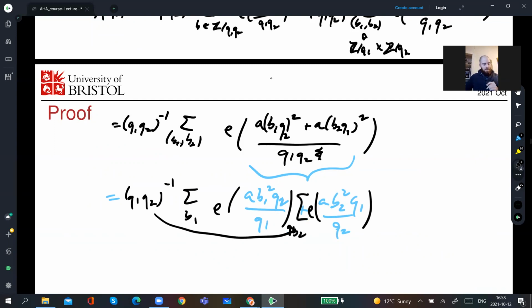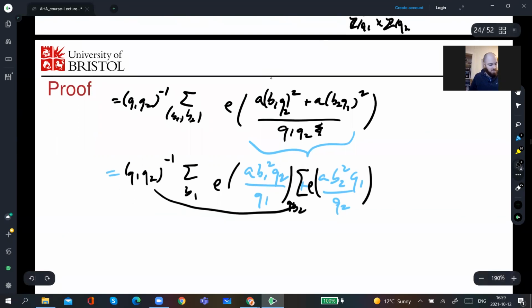Now, Q2 is coprime to Q1 and conversely, because this is a symmetric relation. And A is also coprime to both of them, to Q1 and Q2, because it's coprime to their product. That means that I can divide through the first sum by AQ2 at just the expense of permuting the B1s. And similarly, in the second sum, which is acting independently now, I can divide through by AQ1. This is just permuting the B2s.